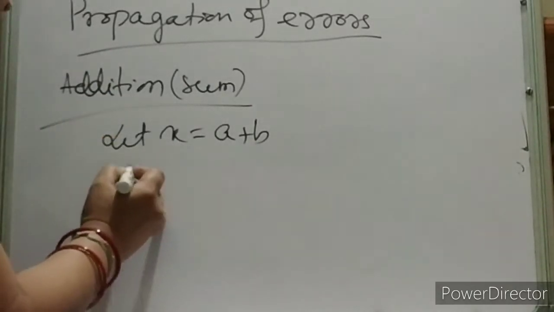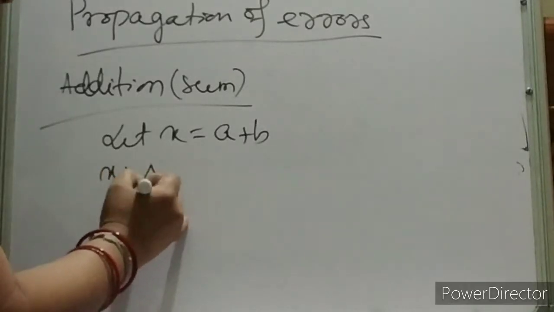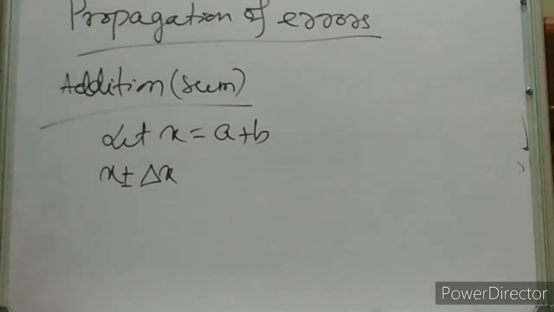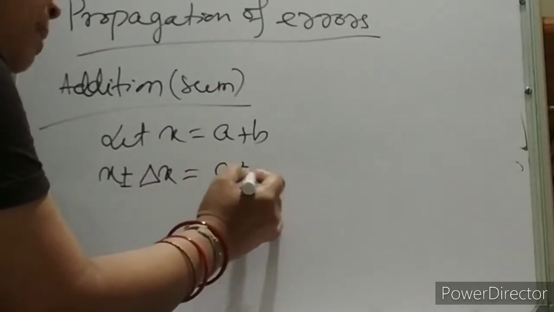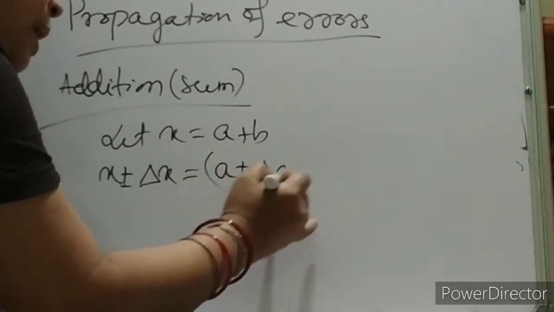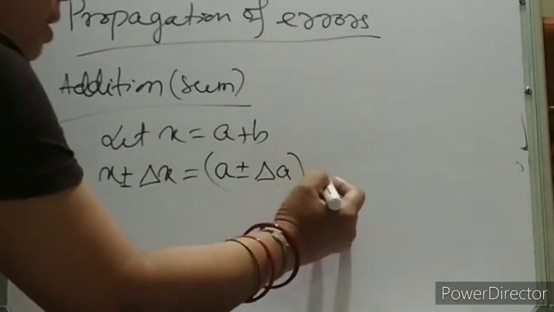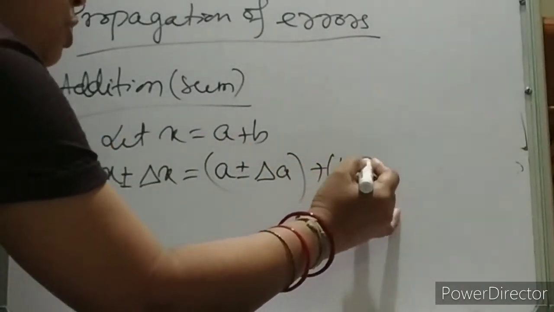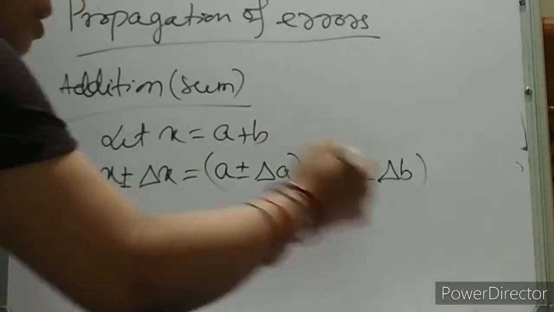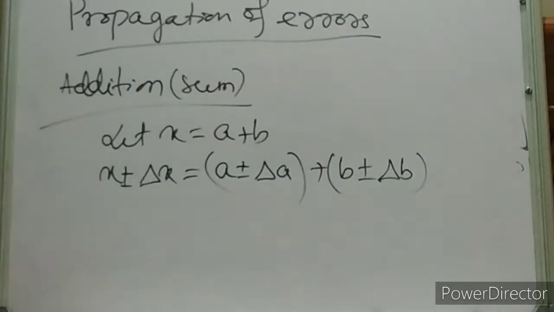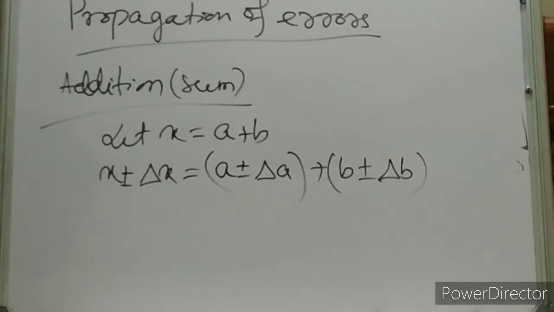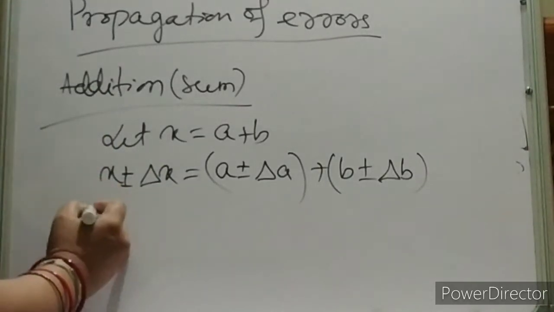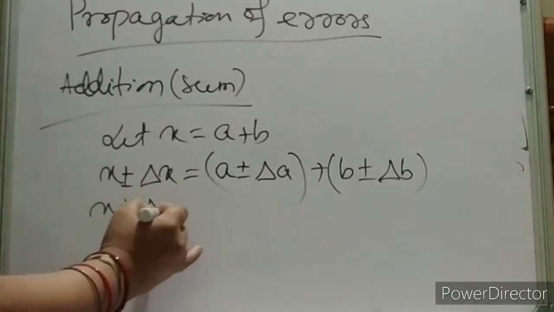There will be some error, plus minus delta x, as we have already discussed how to write this, and some error delta a, and some error in b. Now how to combine? What is delta x? That we want to find out. So we can write x plus minus delta x.